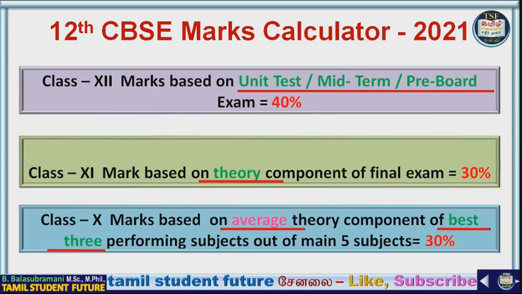So 12th 40%, 11th 30% theory only, 10th average of best 3, 30% only.